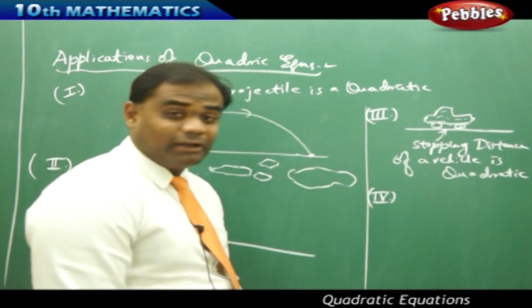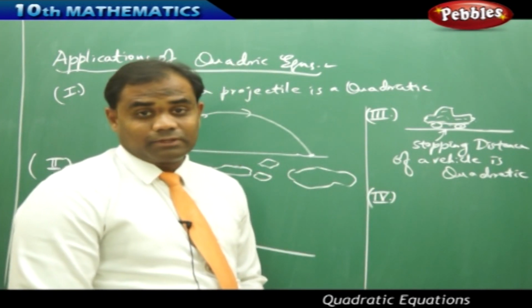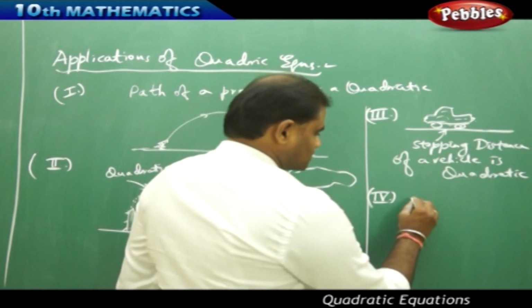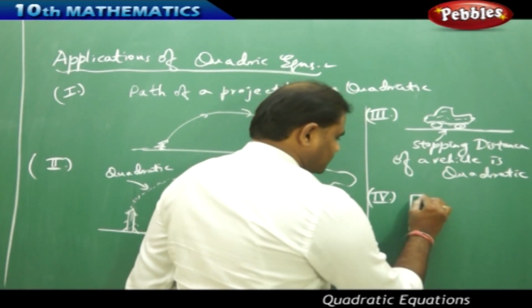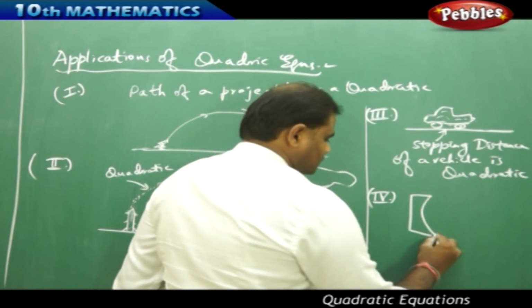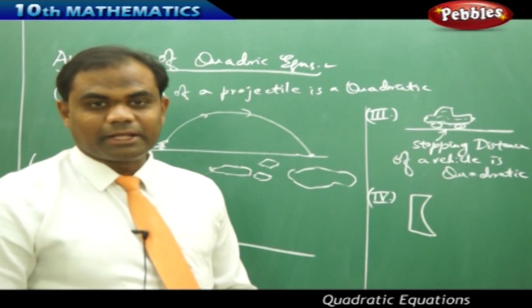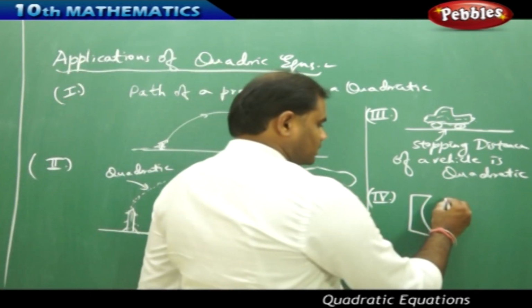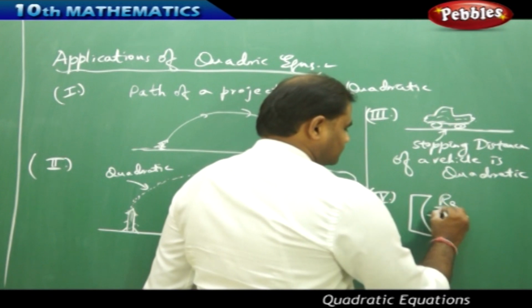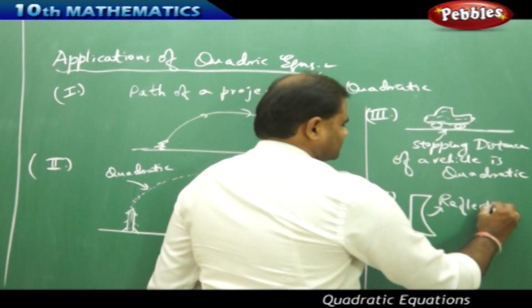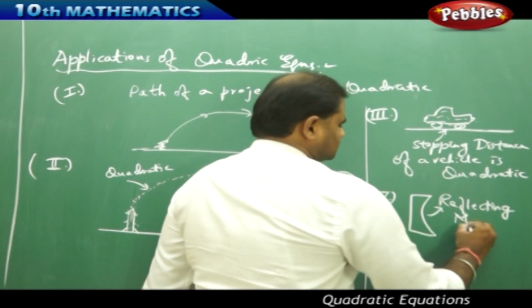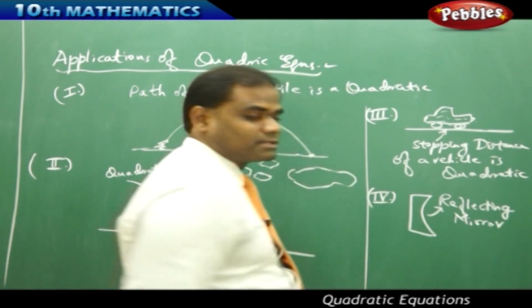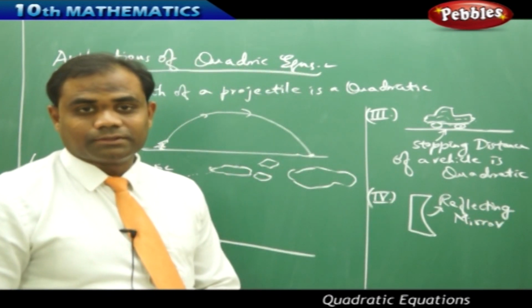Even we have the reflecting mirror also one of the examples of quadratic, because a reflecting mirror generally is in the shape of a convex and plane on the other side. Reflecting mirror also represents a quadratic equation.